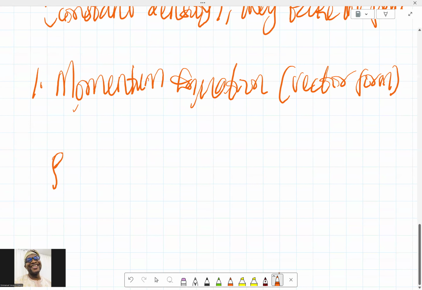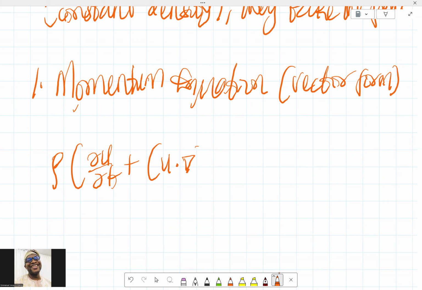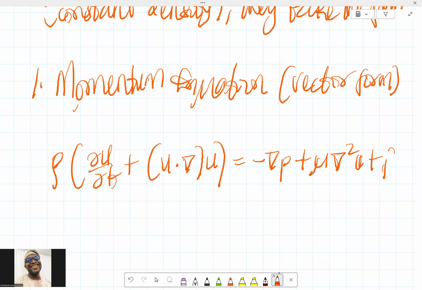That gives us rho times partial u partial t plus u dot grad u, and that is equal to minus grad p plus mu grad squared u, of course that's the Laplacian, plus a particular f.